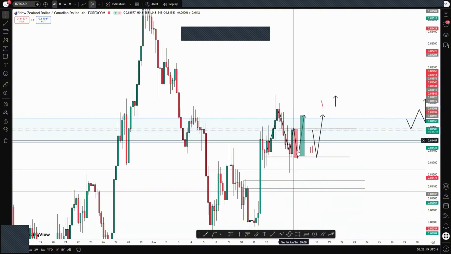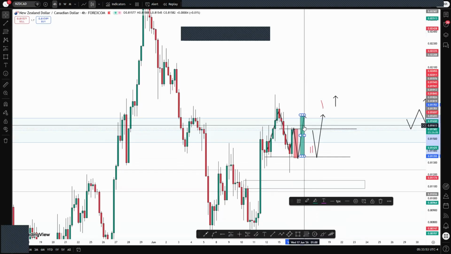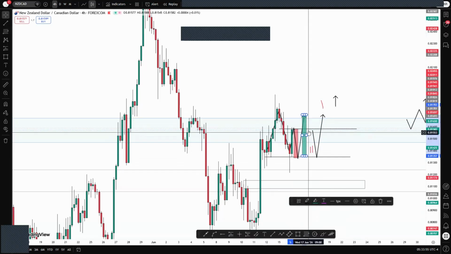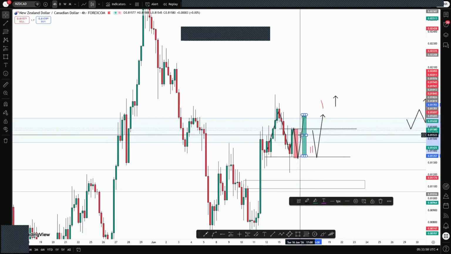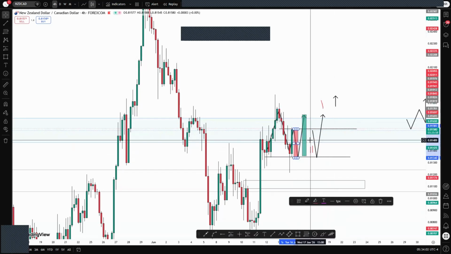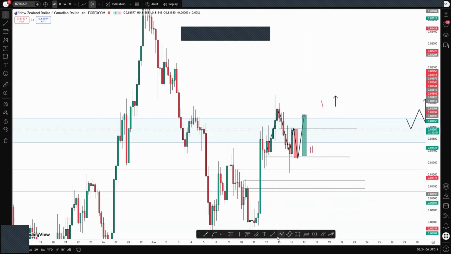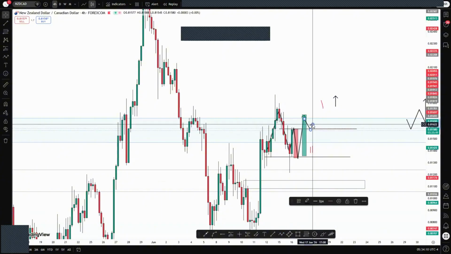Because if the daily breaks below, we just want it outside this. That's the only key. When we get it out, we also get the 4 hour breaking above, meaning we'll be just waiting for that small retest and then go in. Okay.